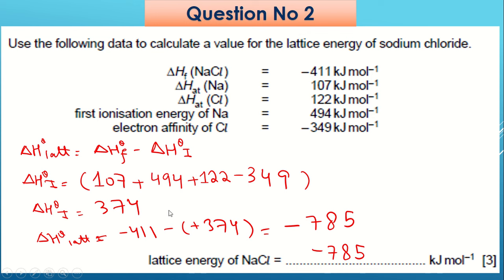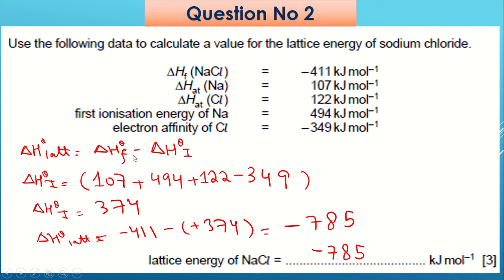Simply slot in this value in the delta H standard ionization slot, and then instead of writing delta H standard formation, you will be writing its value over here, that is minus 411. Minus is of this equation, and then in brackets you will be writing this value. So just solve this expression, and at the end you will be getting a value, that is minus 785. That is the answer, right? So lattice energy of sodium chloride will be equal to minus 785.